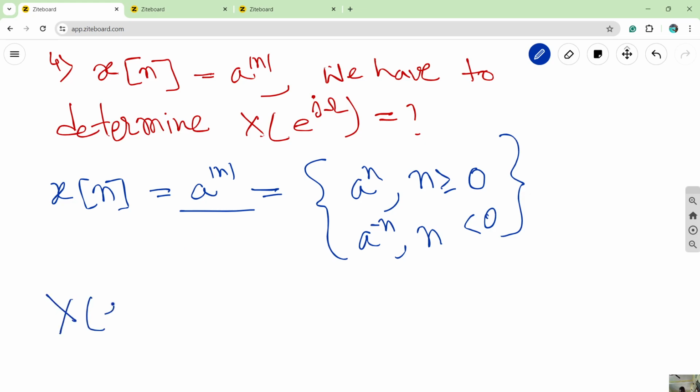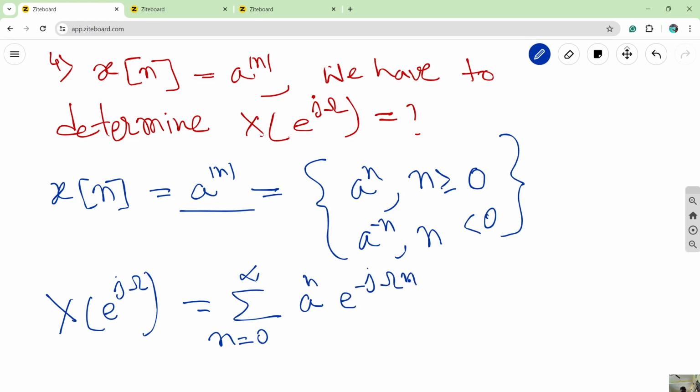So X of e to the j omega will be the sum for n equal to 0 to infinity of a to the power n into e to the power minus j omega n, plus another sequence for n equal to minus infinity to minus 1.